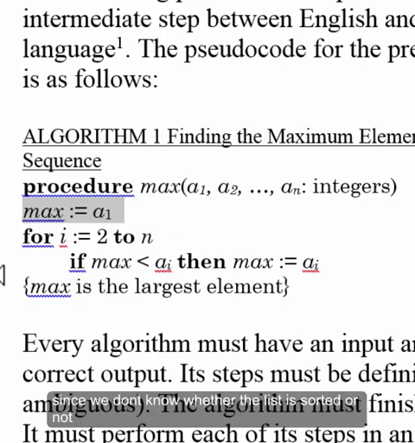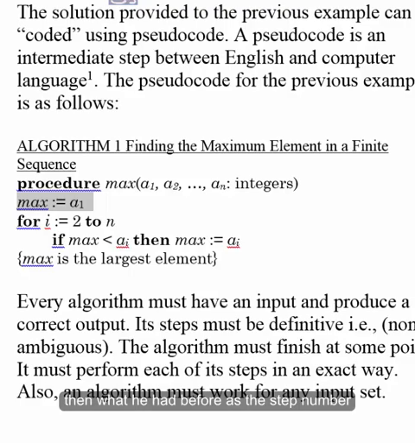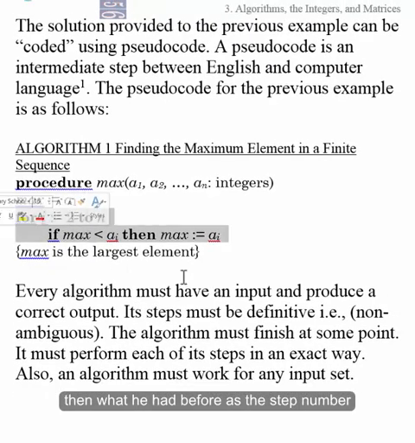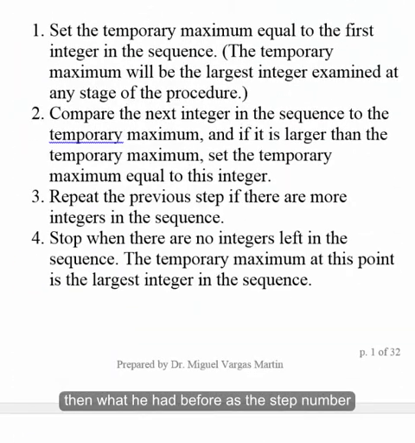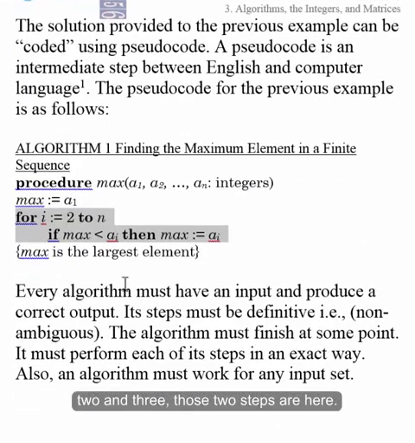And as we said before, since we don't know whether the list is sorted or not, we have to assume that the first element in the list is the largest until you find another element which is larger than that one.